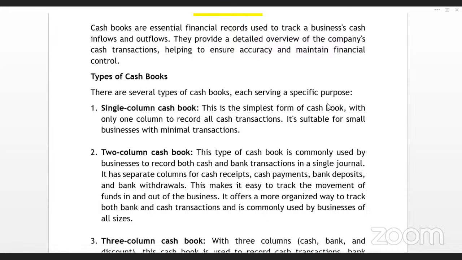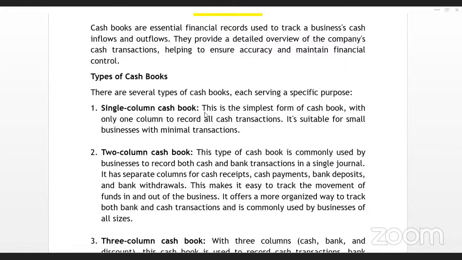It is a book of original entry which has only one column which records cash only. It does not show the bank transactions. It has only one column, and it is for only cash.